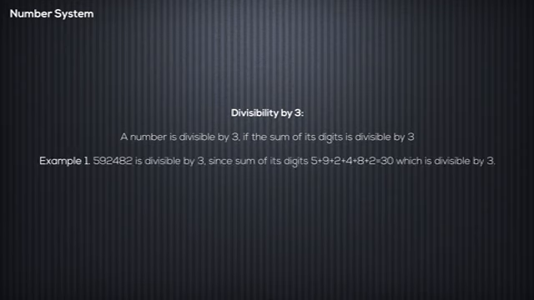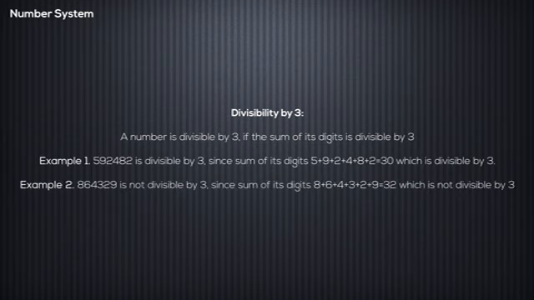Example: 5,92,482 is divisible by 3, since the sum of its digits is 30, which is divisible by 3. Similarly, 8,64,329 is not divisible by 3, since the sum of its digits is 32, which is not divisible by 3.